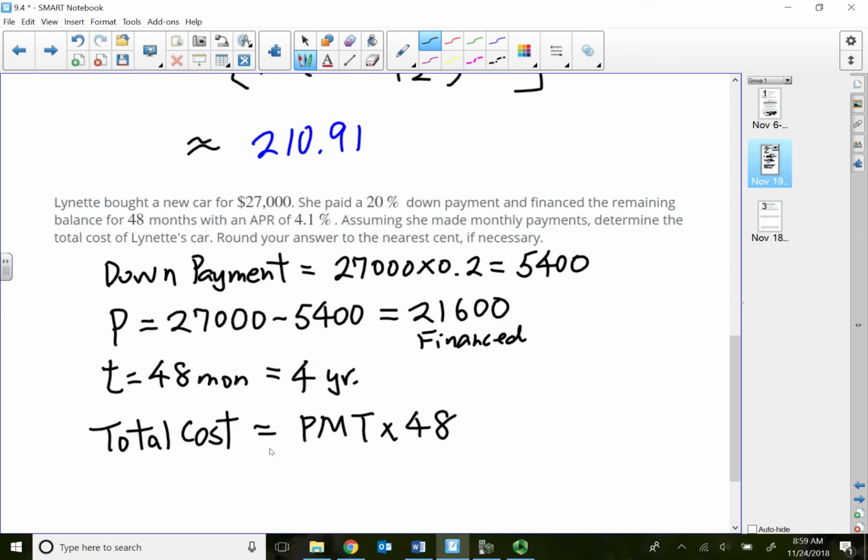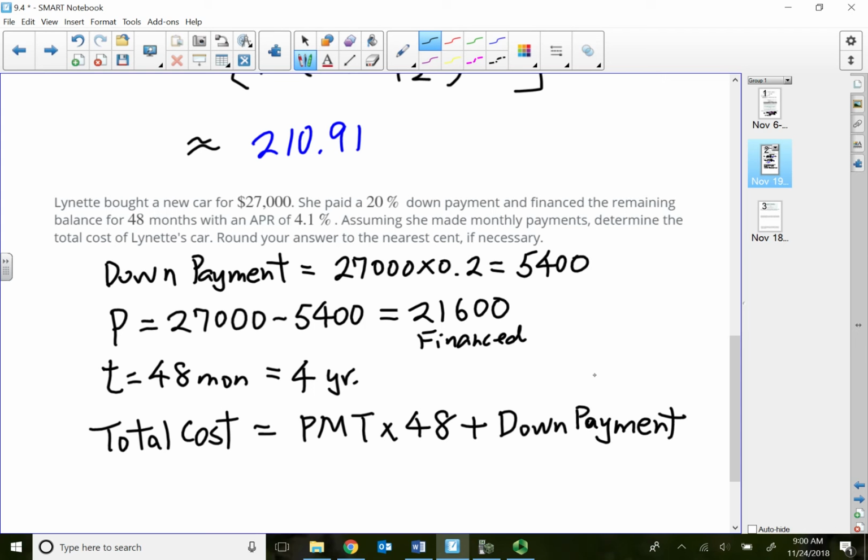Now, this question is asking for her total cost. How much money did she actually put into this car? Well, she is going to put whatever the monthly payment is times 48, plus, before she even financed this car, she already put down the down payment, which is $5,400.